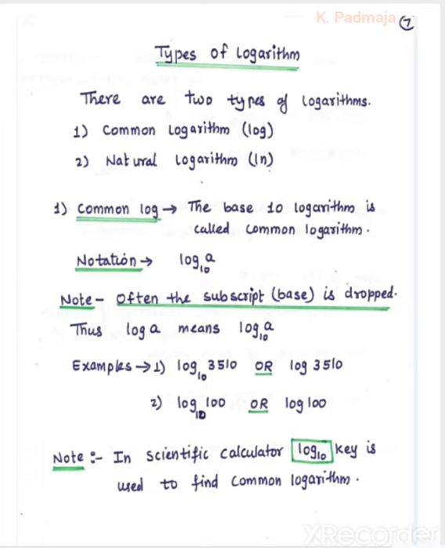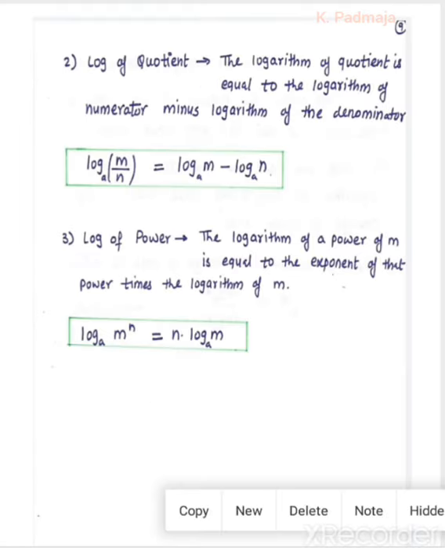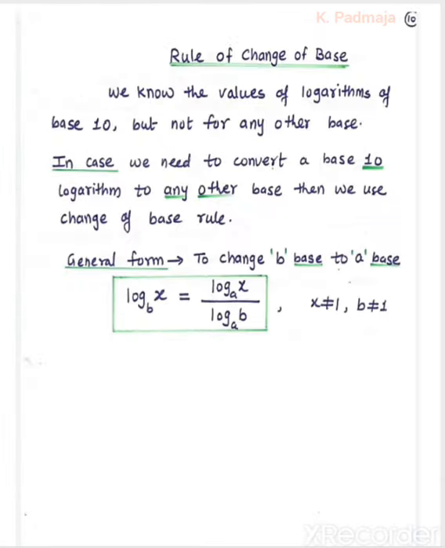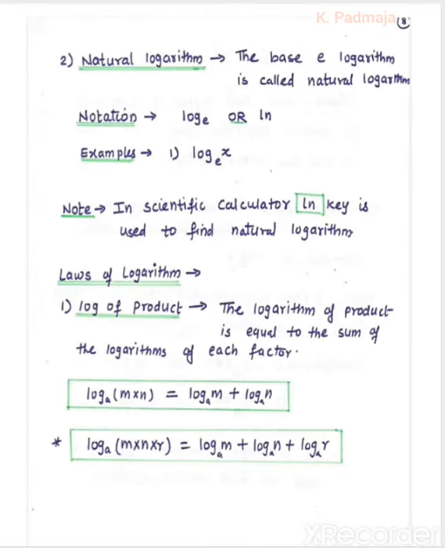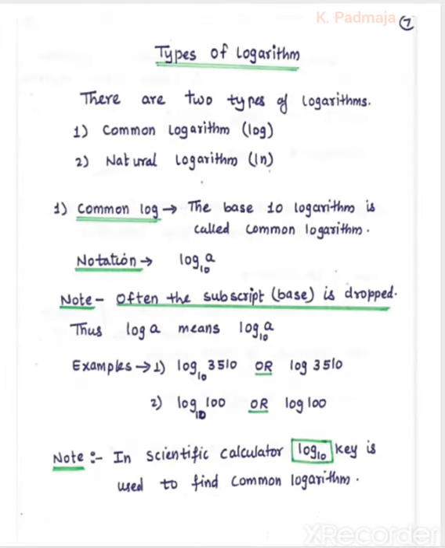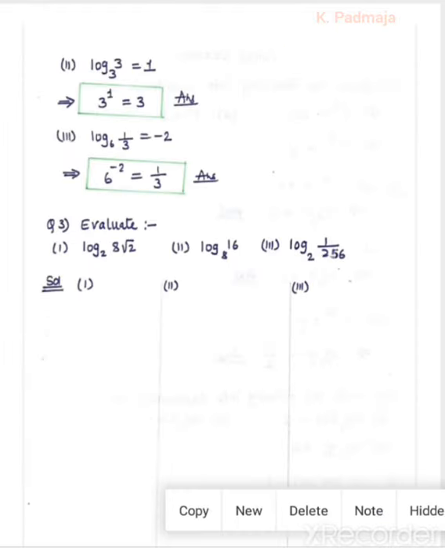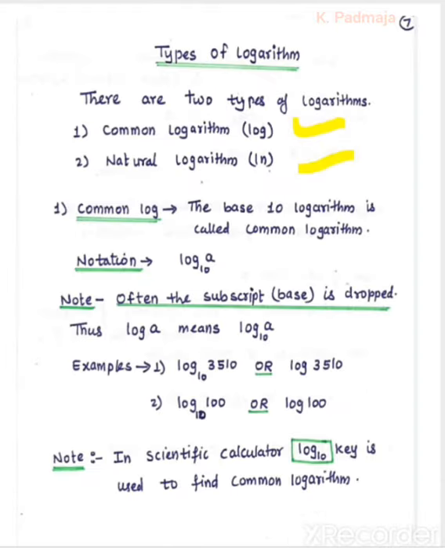Now we have types of logarithms. There are two types of logarithms, common log and natural log. Okay, so common log, the base 10. The base 10 logarithm is called common log, log a to the base 10.